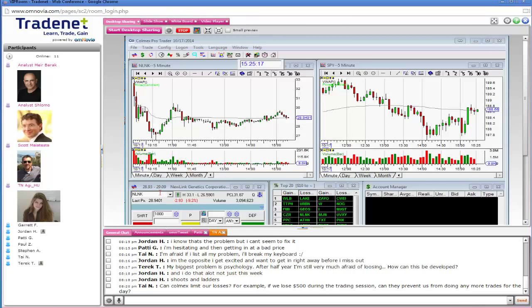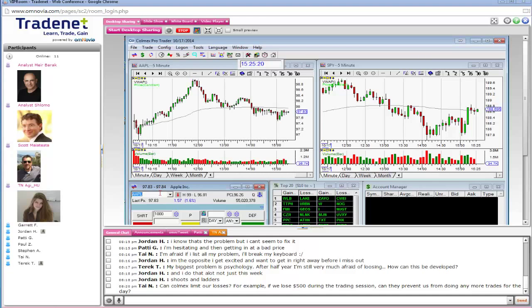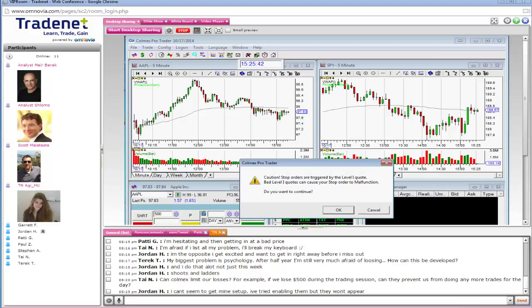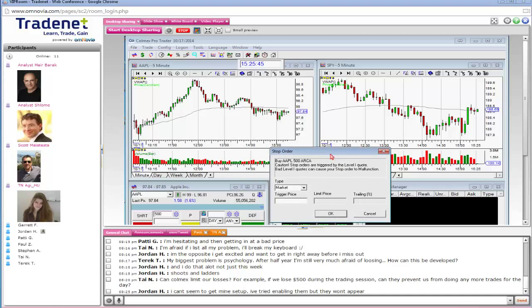So if you want, for example, to buy Apple, and let's say we want to get Apple above 97.90, does it mean that you are going to type the number of stocks, you are going to get here the appropriate command, the appropriate order, let's say a stop order, then you are going to click on buy, then you are going to click on OK, then you are going to choose from the type what type of order I want, a market order, limit order, trailing order, let's say a limit order, then I need to put a trigger price, then I need to put a limit price.